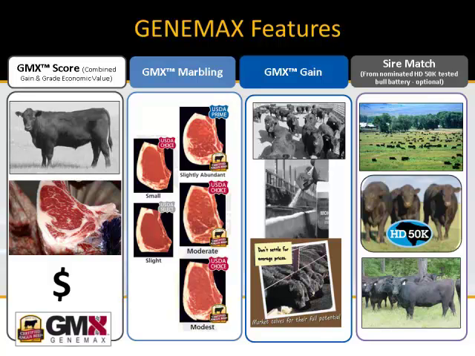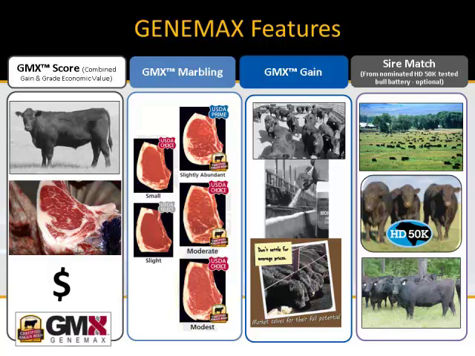So that gives us a bridge to the information about what sire produced which calves. And that's a feature of our GENEMAX technology, in that the partners at Angus Genetics Inc. can, more times than not, assign a sire to a specific tested animal as long as the bull battery has been tested. In addition, the other main features of GENEMAX are very targeted. Obviously, marbling is the key driver of Certified Angus Beef acceptance.